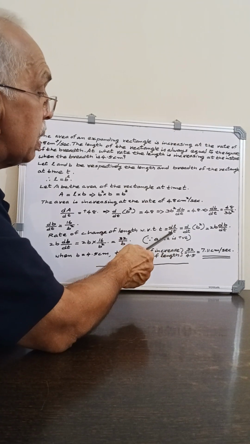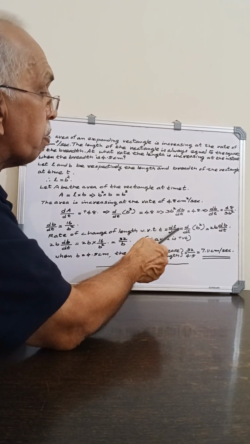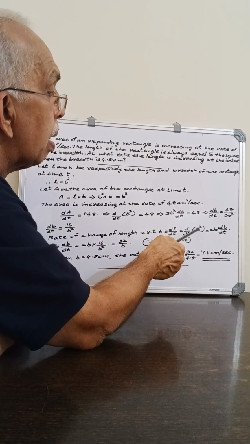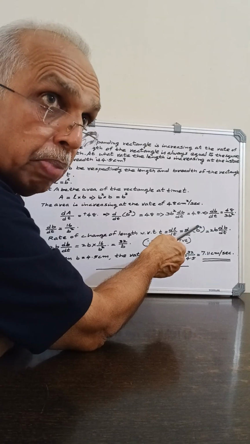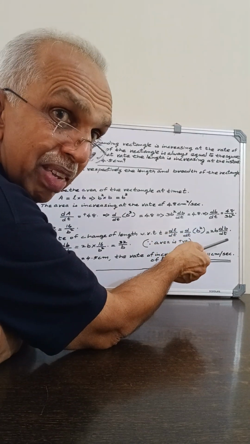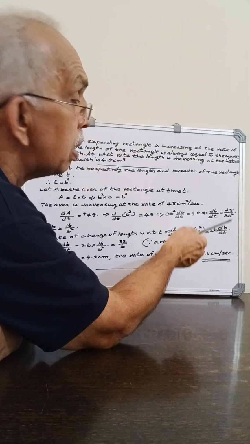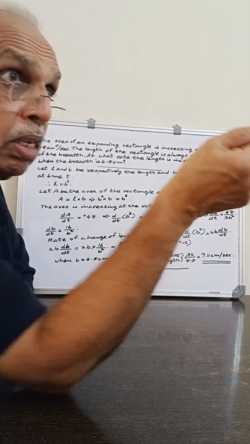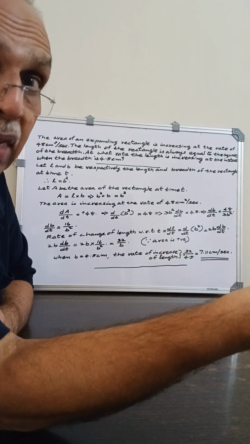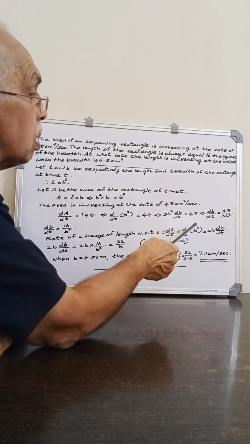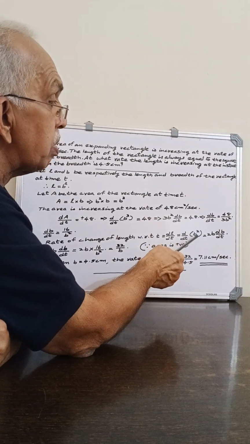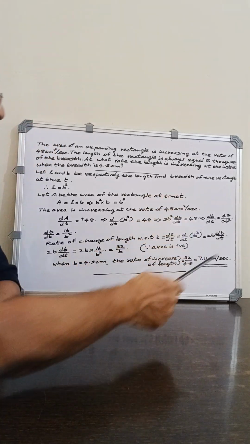Therefore, dL by dt means d by dt of B squared. The differential of B squared is 2B, and since it is implicit, we get dB by dt. Therefore, B squared is differentiated as 2B, but it is implicit, therefore dB by dt.